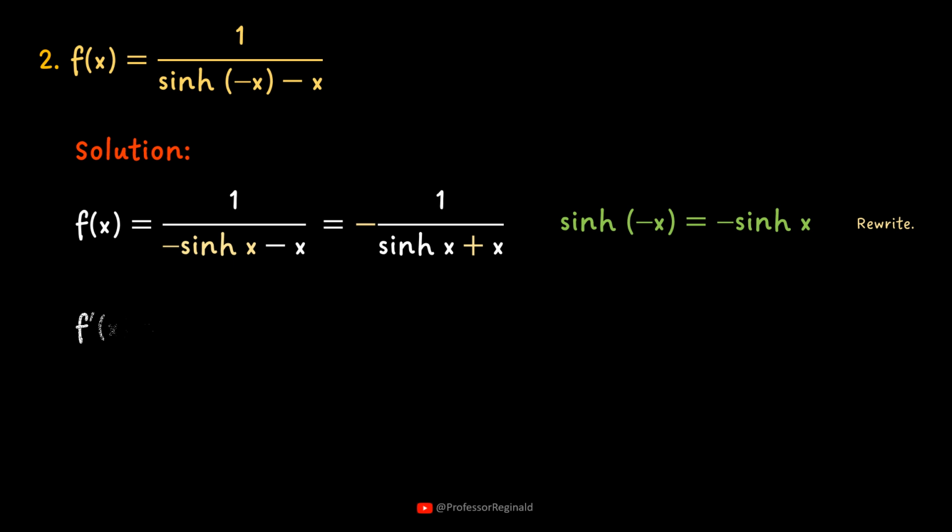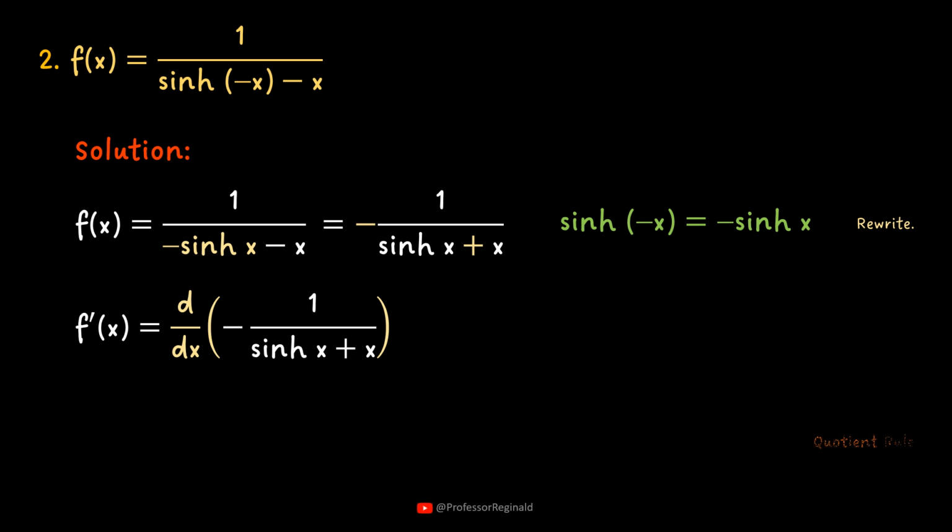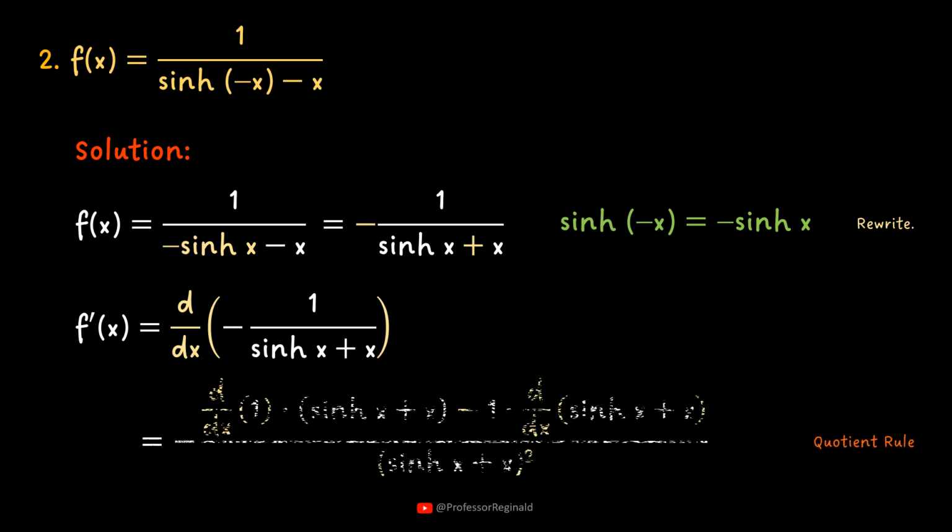F prime of x is the derivative of f with respect to x. Apply the quotient rule. Differentiate using basic differentiation rules and a hyperbolic function rule.